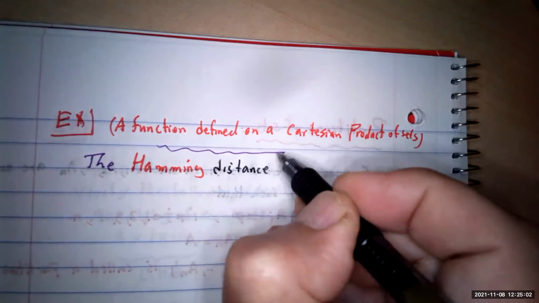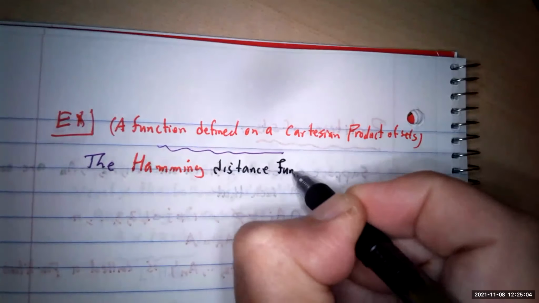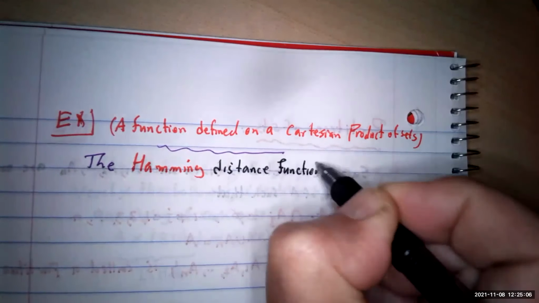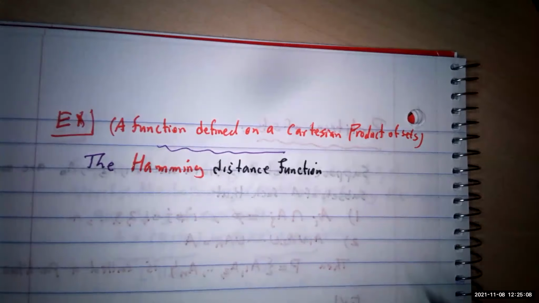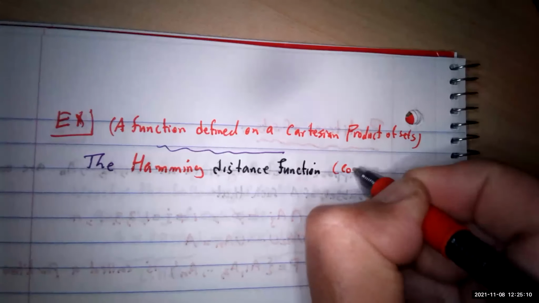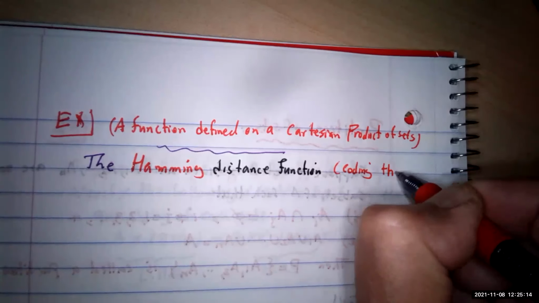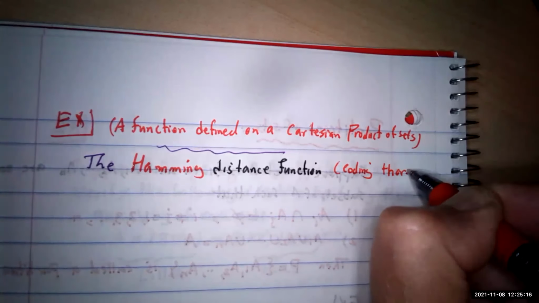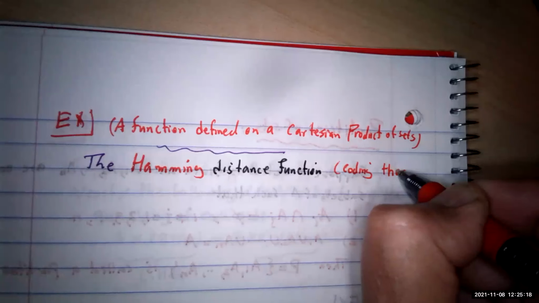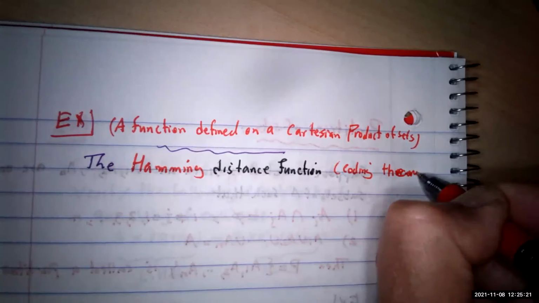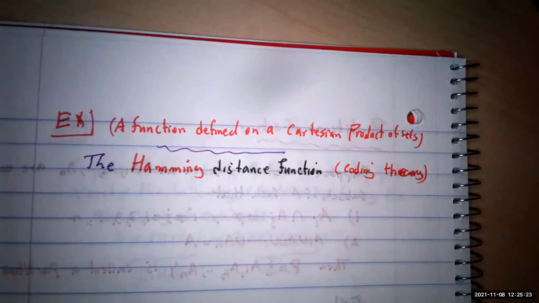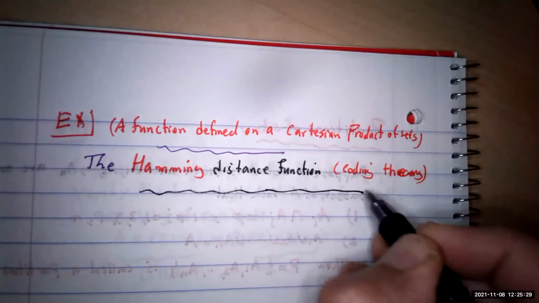If you say Hamming distance function on the quiz, you must know it. We are not going to give you the definition. It's going to be used in your coding theory. So the Hamming distance function is the one that I'm going to use in coding theory.